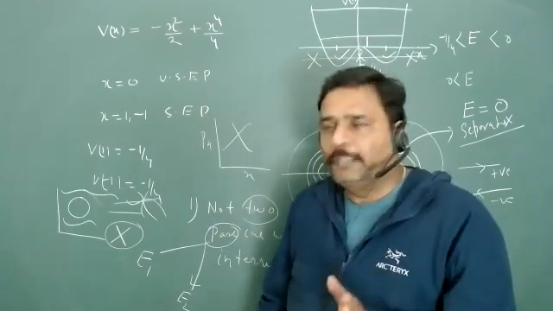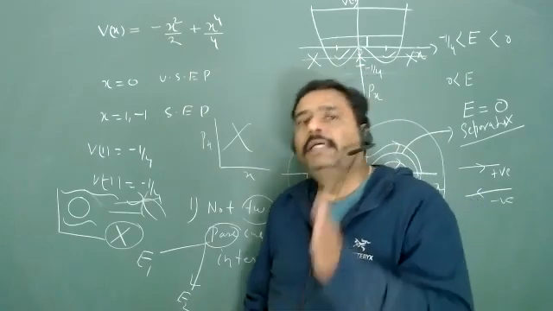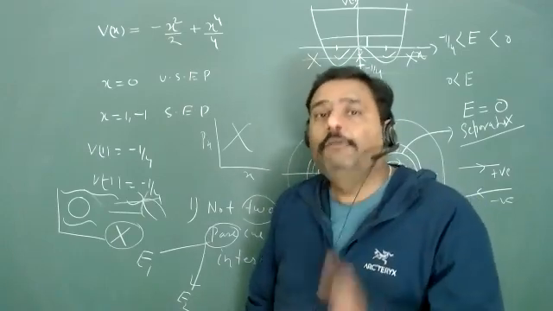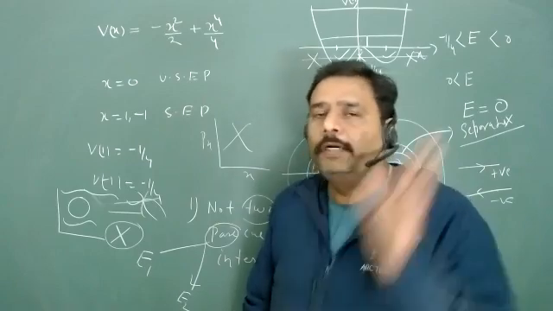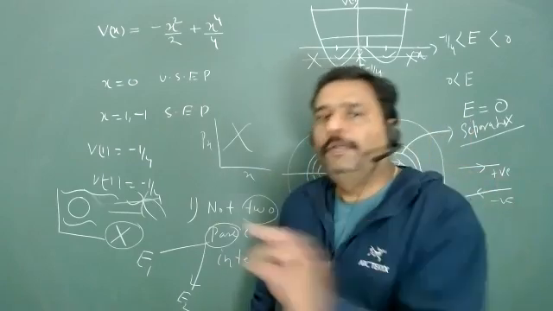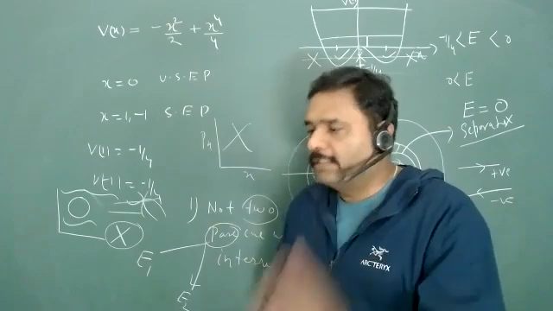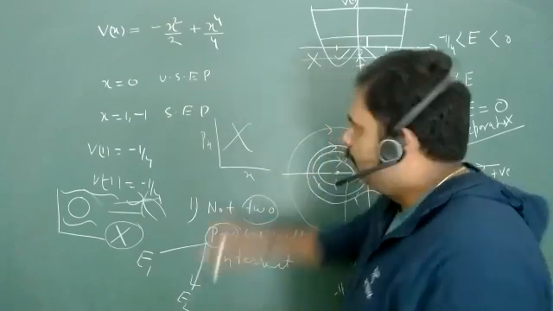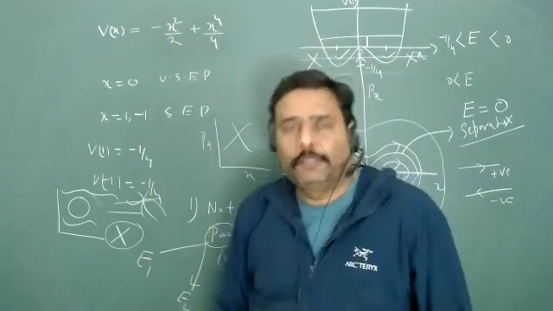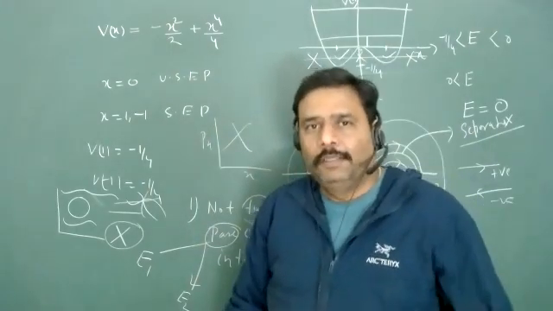For oscillatory motion, you need bounded motion about a stable equilibrium point. The motion should be about a stable equilibrium point.